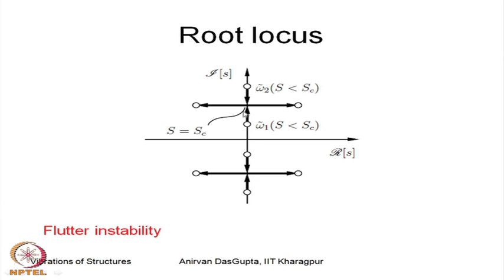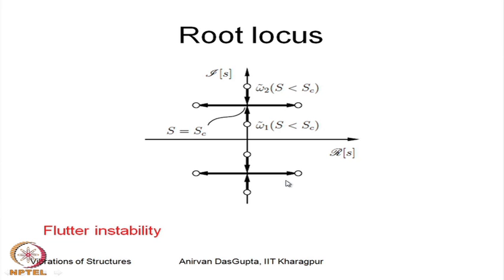As the load is increased, these two come together and coalesce at the critical value of the load, and then they acquire real parts as well. This root has a positive real part, and similarly this root has a positive real part.